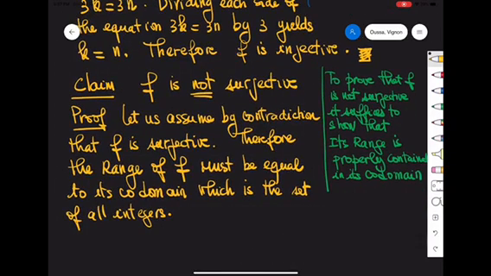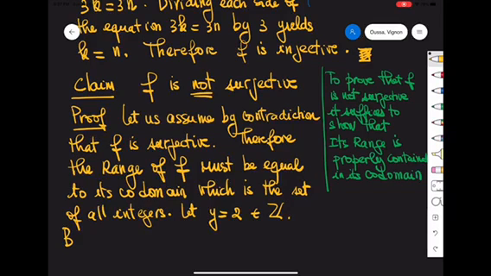Okay, so now let y be equal to 2, which is an integer.